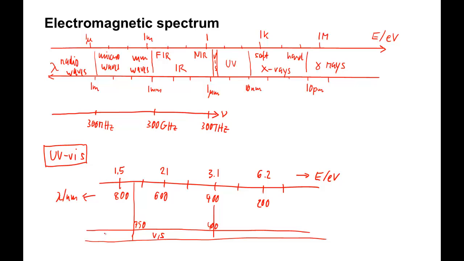Beyond 750 nanometers, we are in the infrared range, specifically in the near infrared range. The visible spectrum goes from red at the long wavelength end through yellow, green, and blue, all the way to violet at 400 nanometers.